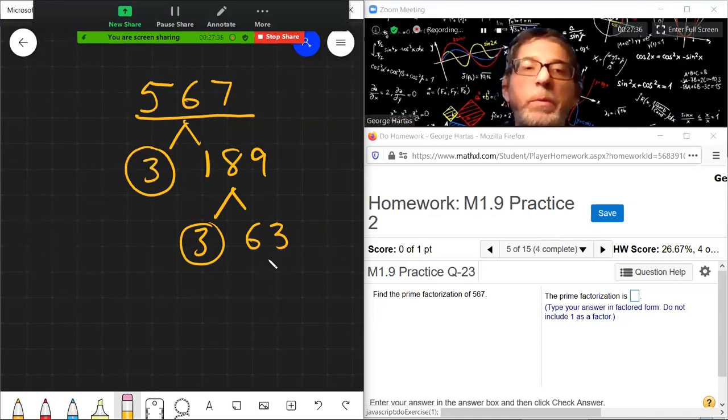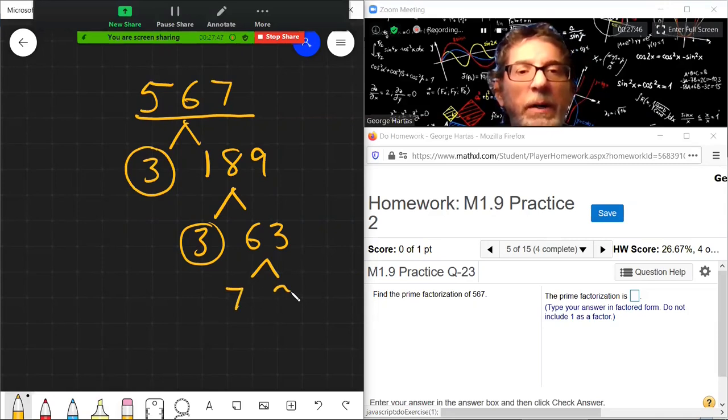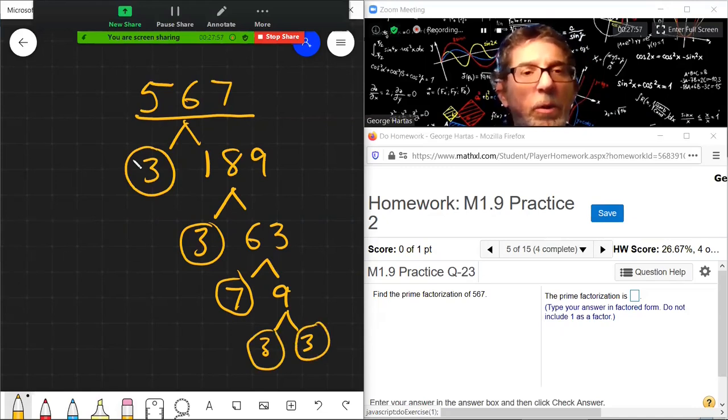Is 63 prime or composite? And you said composite because a bunch of different ways could be gotten here, but 7 times 9 from the multiplication table we know is 63. And then 9 is the same as 3 times 3. So we have four 3s and a 7.